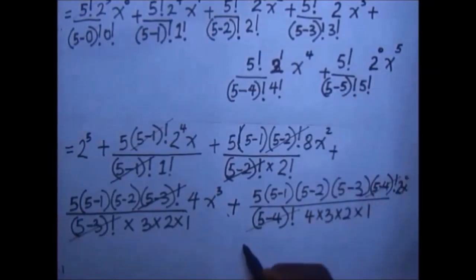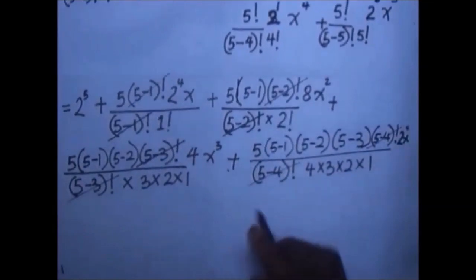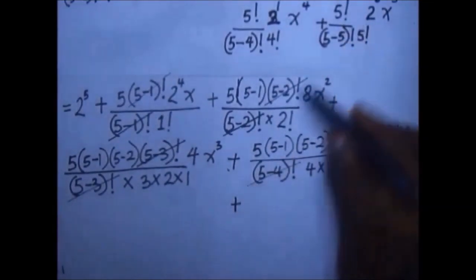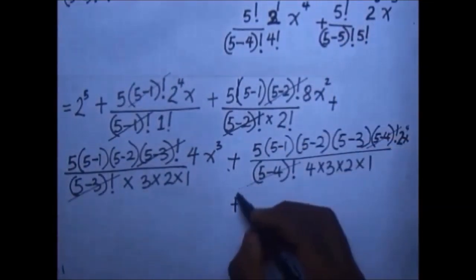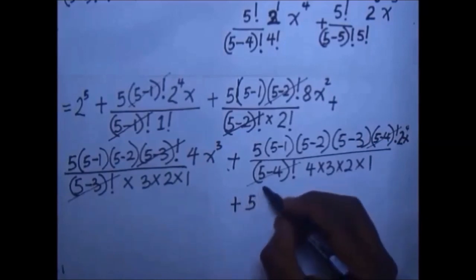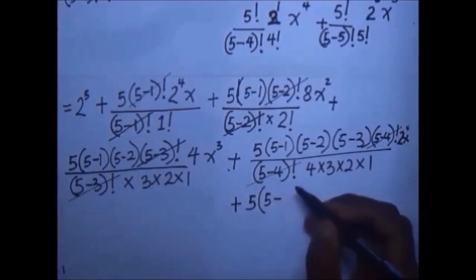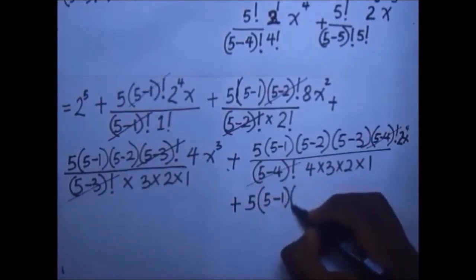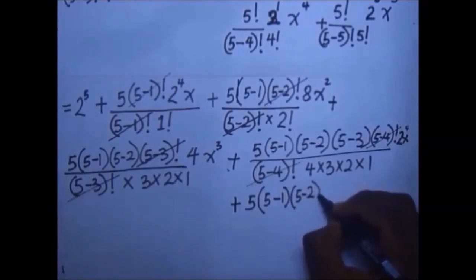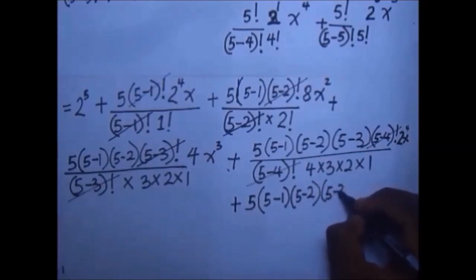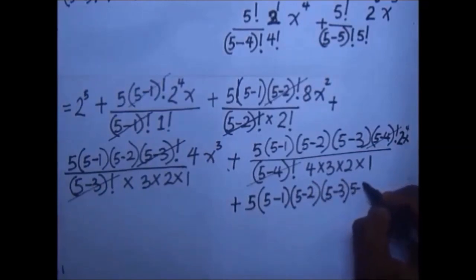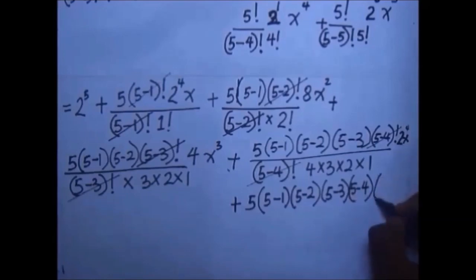Then we have that last term, it is quite long, plus 5 factorial, it's going to become 5 into 5 minus 1 into 5 minus 2 into 5 minus 3 into 5 minus 4 into 5 minus 5.